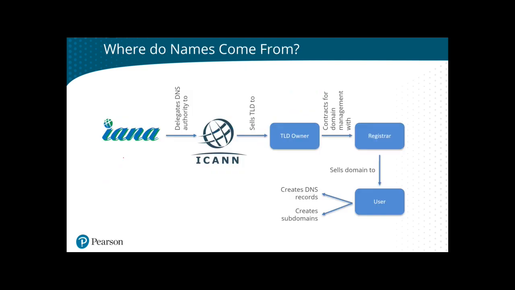So now let's talk about where domains come from. This is kind of the way money is made in this market. And again, the next slide I have is on VeriSign and their specific business model. So IANA creates top-level domains. When they do this, they delegate their authority to ICANN. ICANN sells the top-level domains at an auction to various TLD owners.